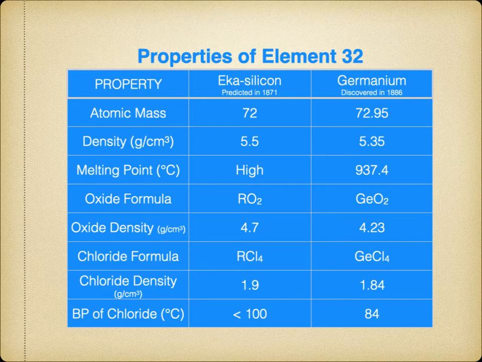And so you can look through that list of properties, and again, the predictions are really, really spot on. It's really interesting here also, if you look right here at the melting point. Gallium and germanium are also right next to each other on the periodic table. Those two gaps were side by side.